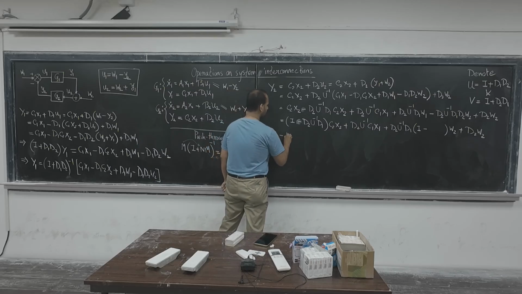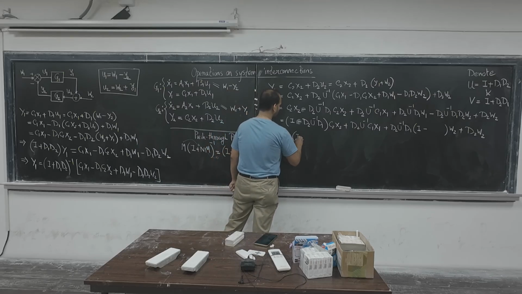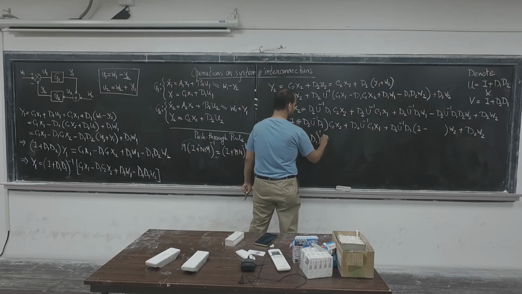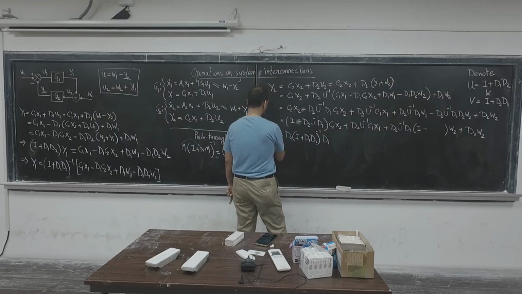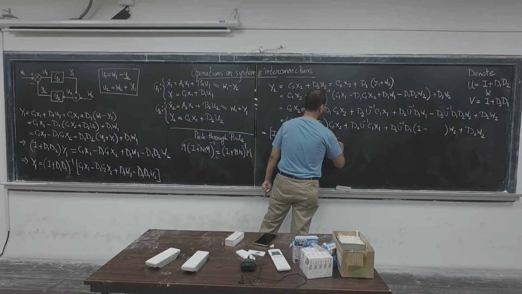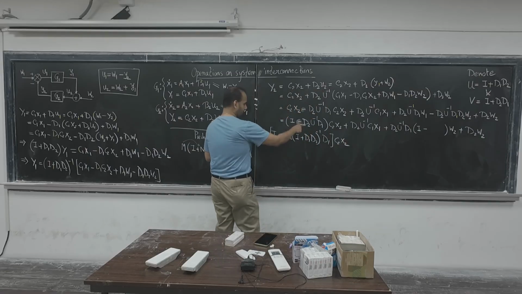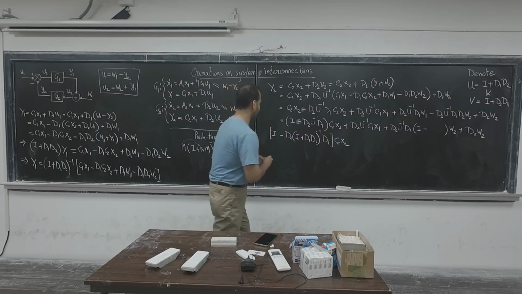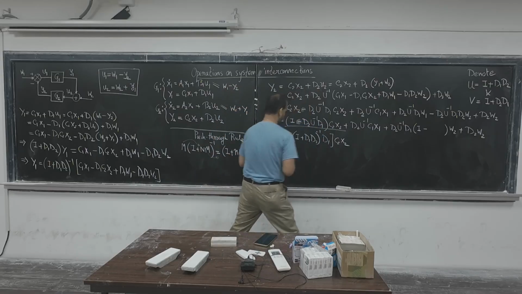Okay, I minus d2 (I plus d1 d2) whole inverse into d1. I am individually showing the terms. Then you will understand how the push-through rule is being used.